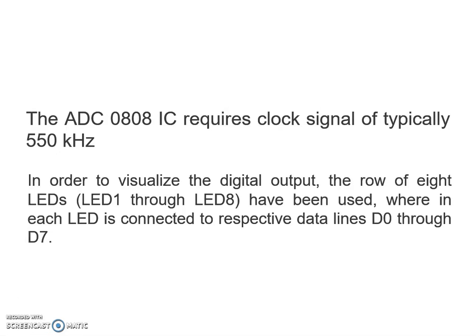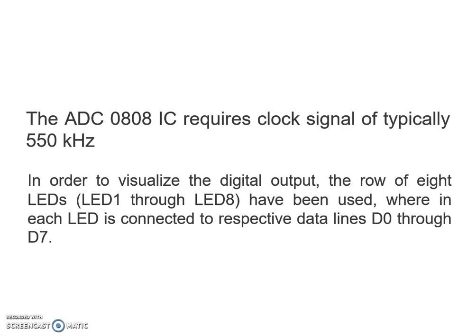The ADC that we are going to use is the 0808 IC. It requires a clock signal of typically 550 kilohertz. You can give the clock signal from an external source, or you can generate it using a 555 timer, or an RC circuit to generate the pulse.